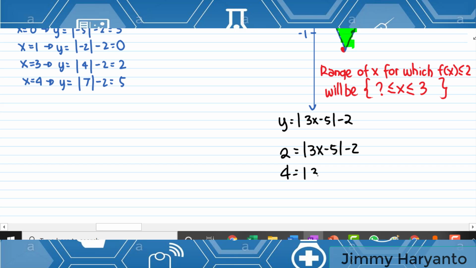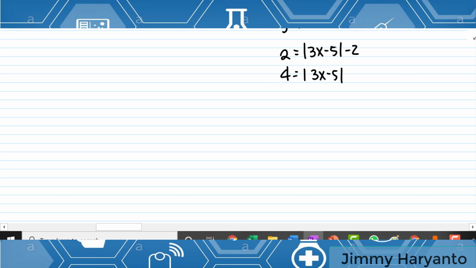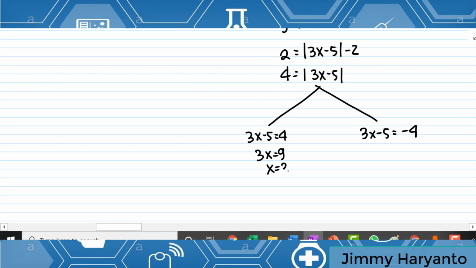Move the minus 2 over, so 4 equals the absolute value of 3x minus 5. We have to use the equation of an absolute function. Separate them into 2: 3x minus 5 equals 4, and then 3x minus 5 equals negative 4. This one will be 9, x equals 3. This one will be 1, x equals 1 over 3.